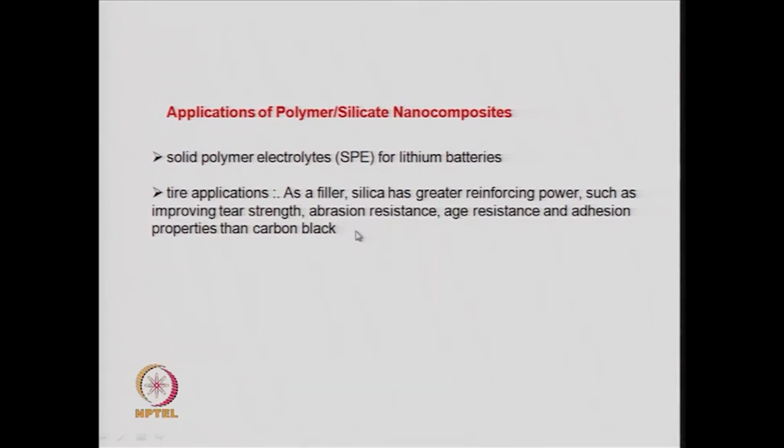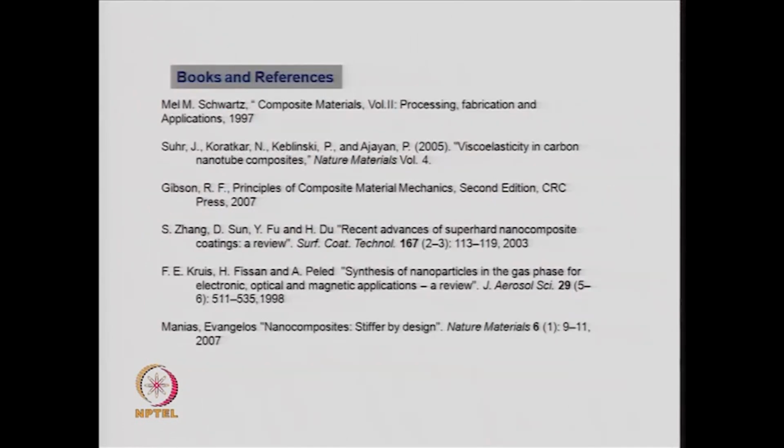They give the tire improved tear strength and improved abrasion resistance. They last for a much longer time, and they have much better adhesion properties than carbon black. So, there are two industries, the energy sector and the transport sector, where these polymer silicate nanocomposites are of great use.